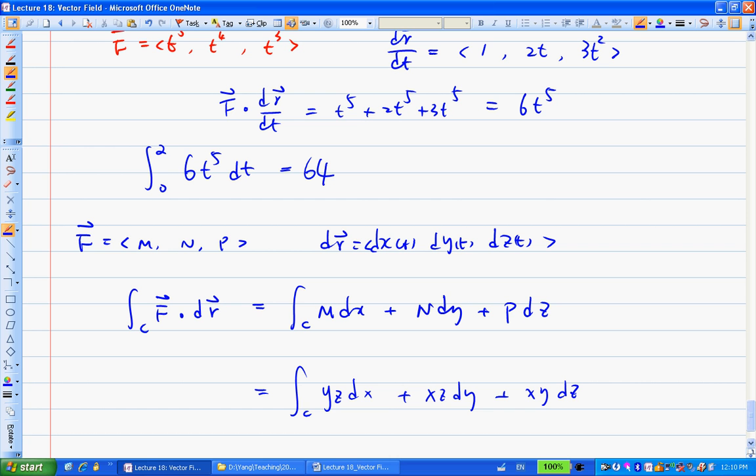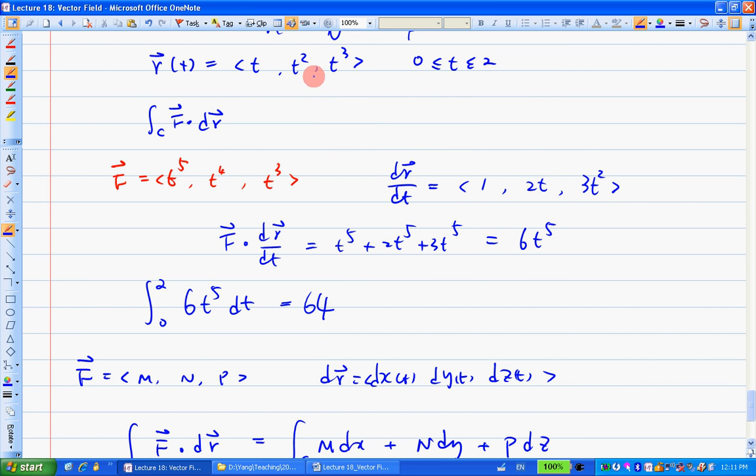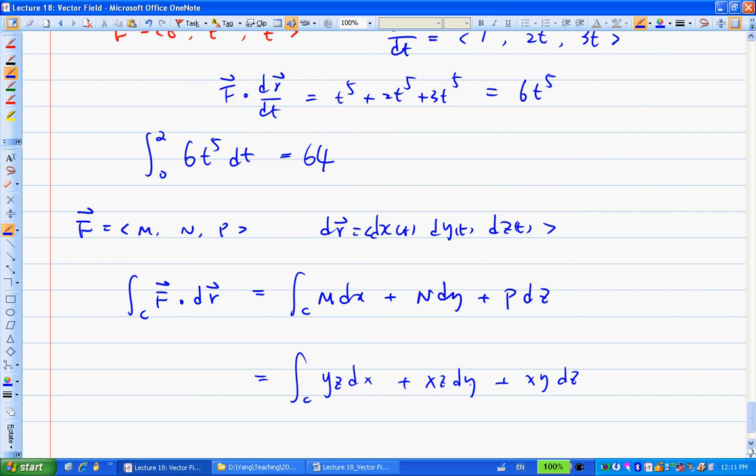So you plug in like this, and then you start to calculate, oh look, this is dx, I'm going to integrate with respect to x, integrate y, and it's not like that. What you need to do is plug in this yz with your parametric equation. You still need to calculate this dx of t according to the parametric equation. So this is your x of t, y of t, and z of t. It's not integration of x, integration of y, or integration of z here. So you have to be very careful.